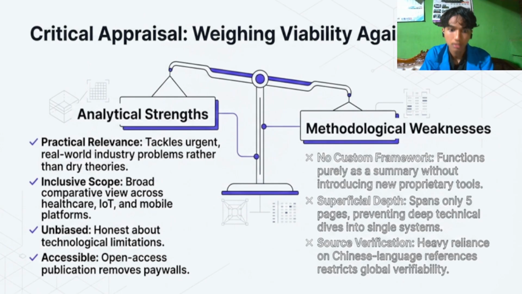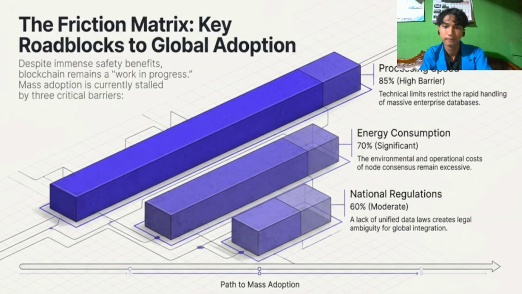Heavy reliance on Chinese language references restricts global verifiability. This balanced scale visual shows that while the journal has excellent practical insight on the left, its depth is limited by its page count on the right. Next, let's see the detail of these technical limitations on slide 8.